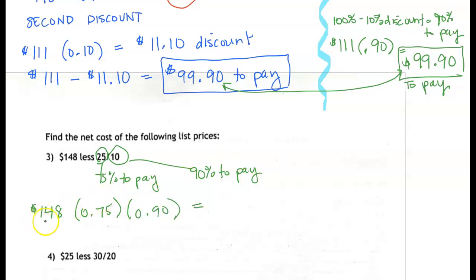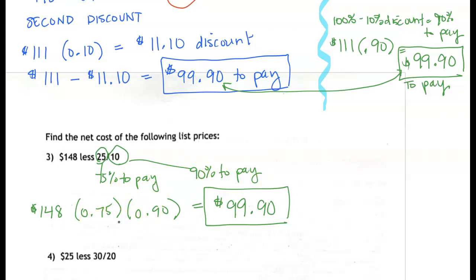When you multiply all in one step, because you've already found the percentages to pay beforehand, we go right to the answer of $99.90. So this one's a lot fewer steps because sometimes we're doing these percentages to pay in our head and then going right to what amount you would pay.